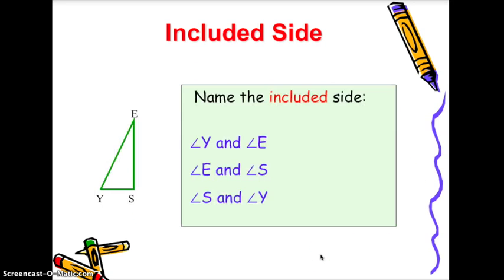Okay. And we can tell the same thing just from the letters themselves. Here we have angle Y and angle E. The included side between them would be YE. And the included side between E and S would be ES right here. And between S and Y, the included side down here connecting S and Y would be SY.